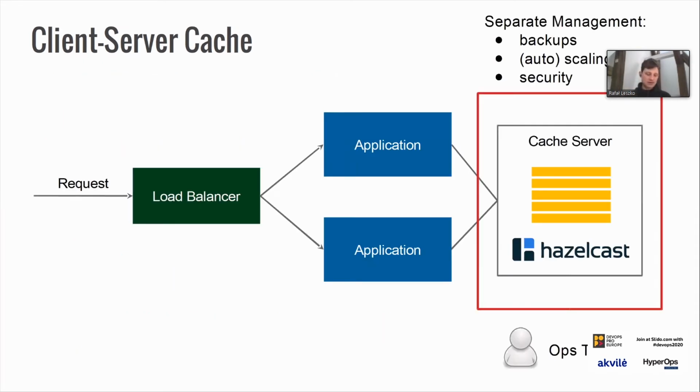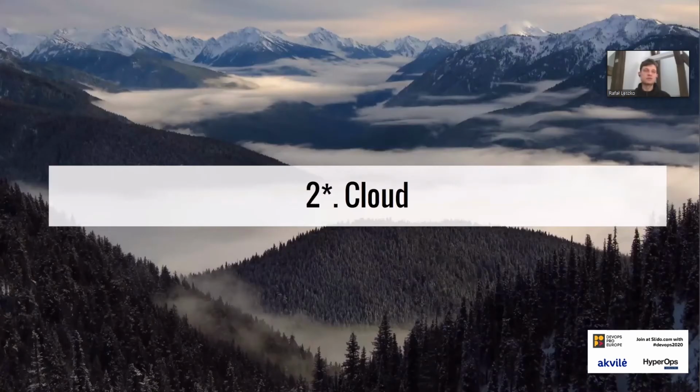So coming back to the diagram, we already have a separate unit, a server part. It's already a separate thing in our system. So we can even go one step further and move it not only as a separate thing to maintain in our system, but move it into the cloud. In terms of architecture, cloud is still kind of client server, but it is very specific, so you could even consider this as a separate caching pattern.